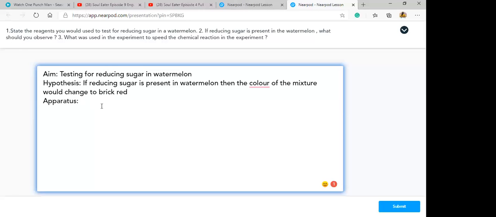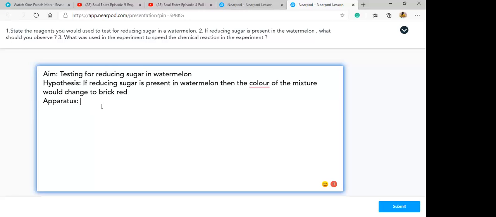The beaker is where the hot water bath would be. Then you have the test tube with the Benedict's solution and the solution of watermelon, because you would have liquefied the watermelon and added the Benedict's solution to it.